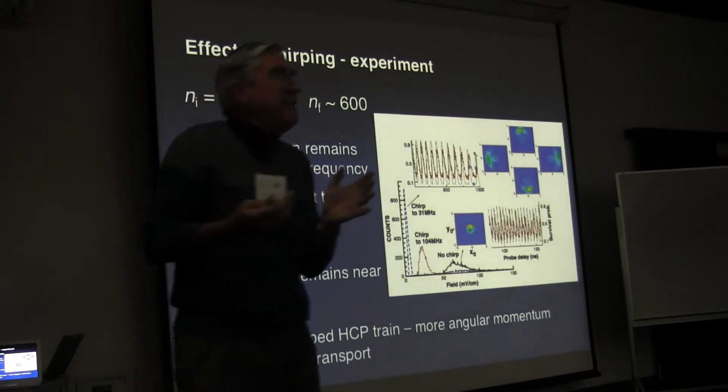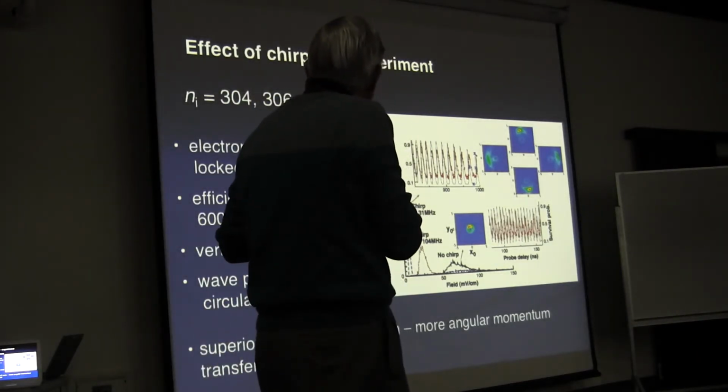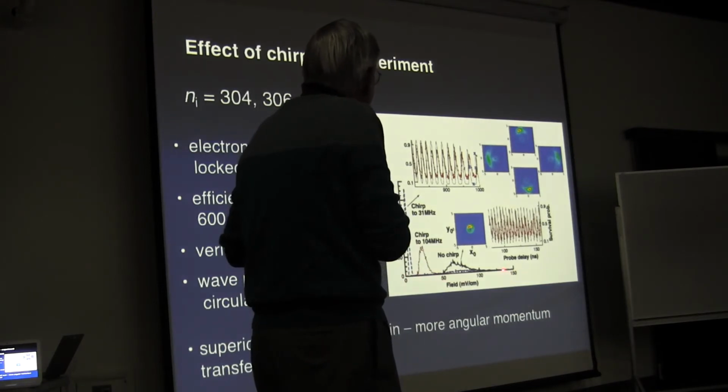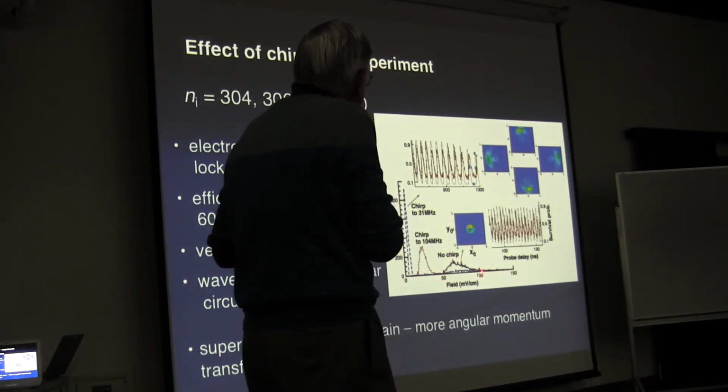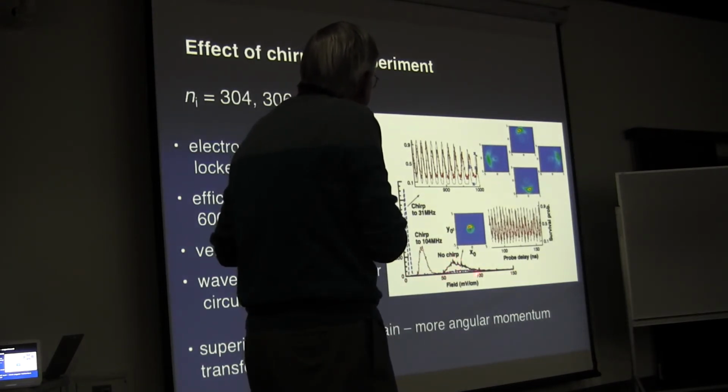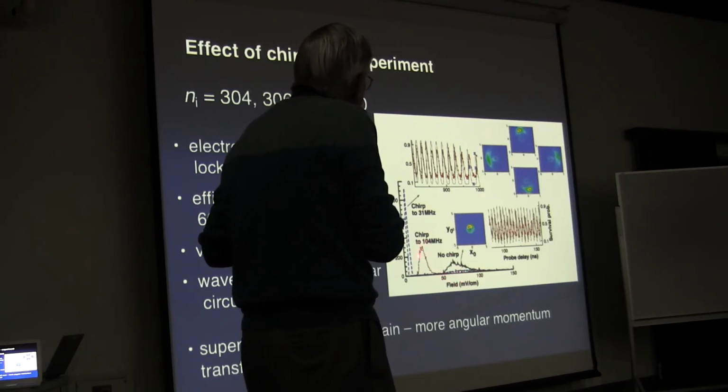Have we really transported to higher n states? You can check that by field ionization. So here is the field ionization signal as a function of the applied field. With no chirp when we start out, this initial state at n equals 300 ionizes over a distribution of relatively high fields. As we go to higher n through the chirp, you see that distribution moves towards lower field, higher n, and it stays narrow.